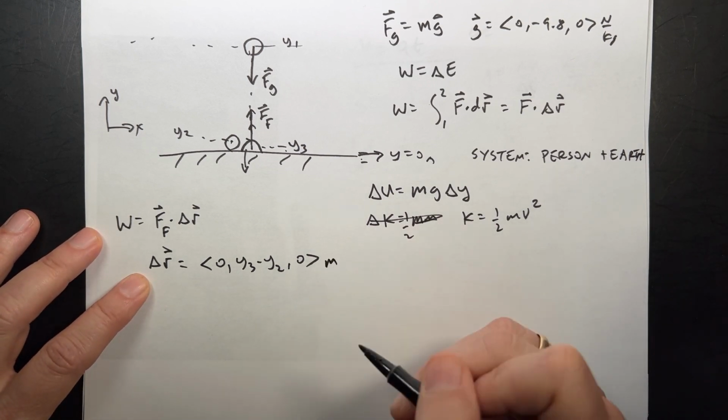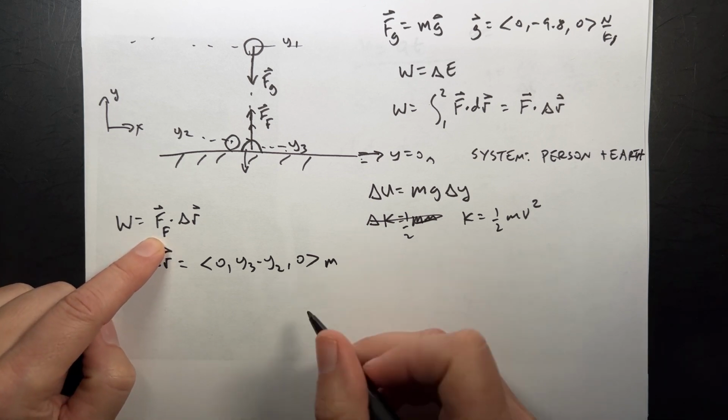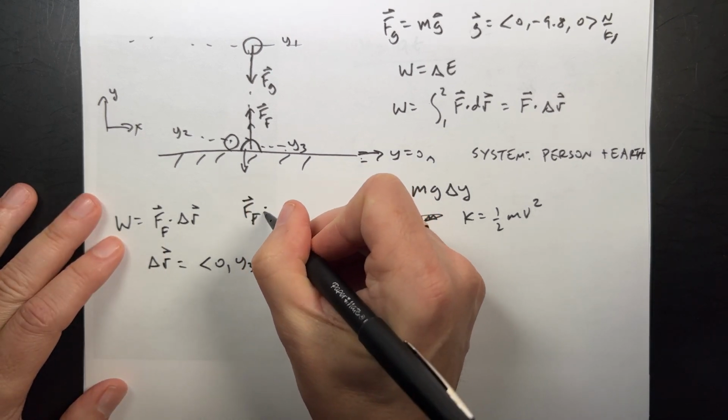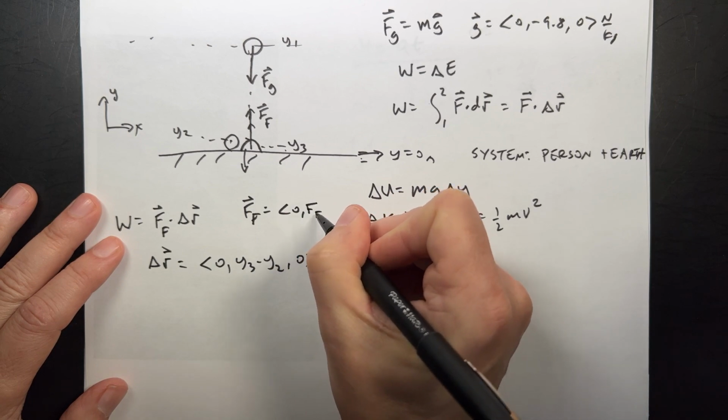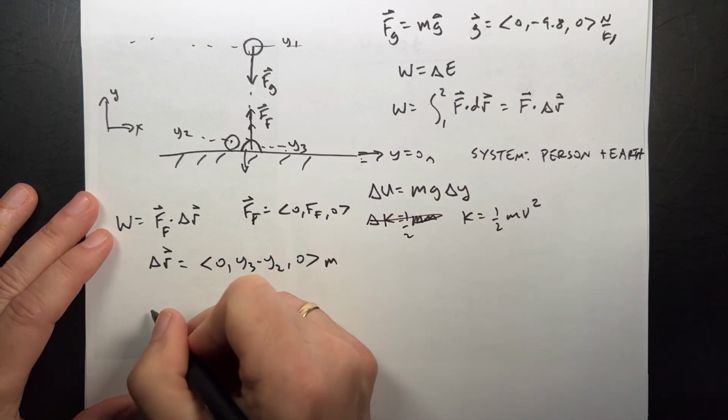This is in meters. So if I do that, my floor force I'm going to assume is only in the y direction. So F is going to be 0, FF, 0. When I take the dot product between these two, it's just going to be work.